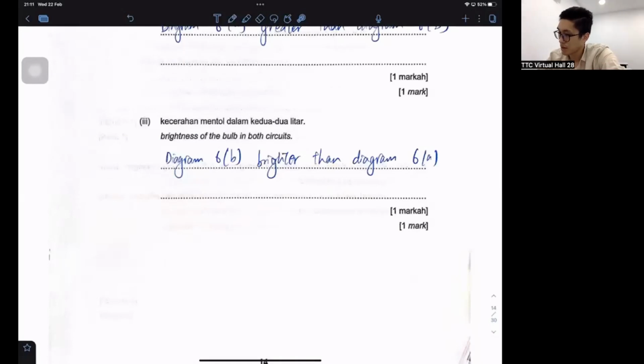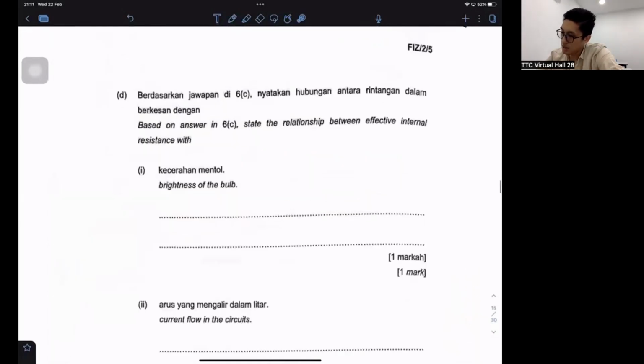Then the next one, based on the answer, state the relationship between effective internal resistance and brightness. You see, this A has more effective internal resistance, but 6A has lesser brightness. So the more internal resistance you have, the lesser the brightness.